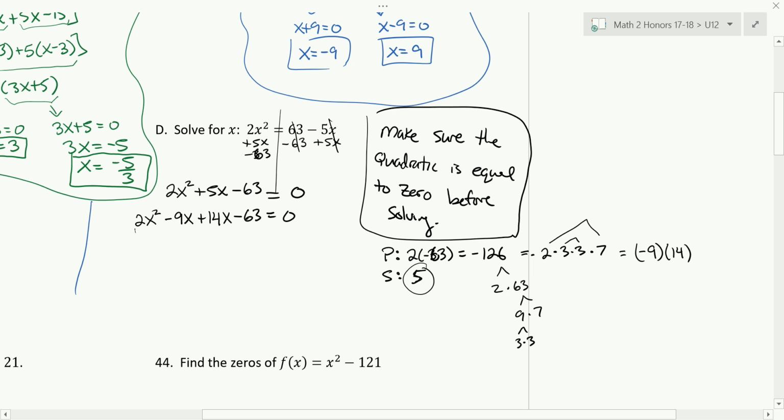First two terms, I could factor out just an x. The last two terms, I could factor out a 7. And then I could factor out the 2x minus 9.